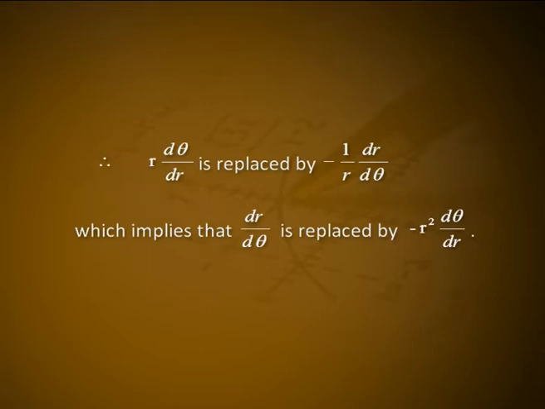Therefore, r d theta by dr is replaced by minus 1 by r dr by d theta, which implies that dr by d theta is replaced by minus r square d theta by dr. So, we obtain a new differential equation as f of r, theta, minus r square d theta by dr is equal to 0, which is the differential equation of the orthogonal trajectory. Solve this equation to obtain the required orthogonal trajectory.